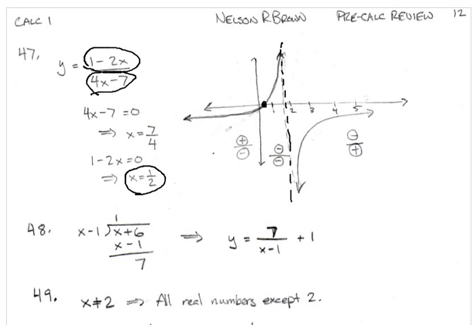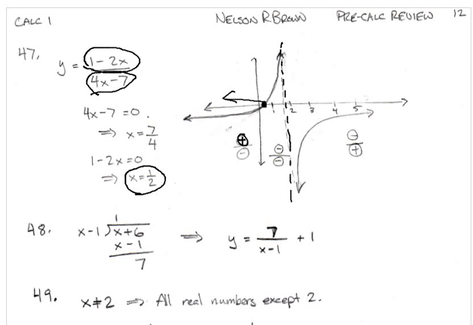So then we can figure out the sign of the function to get a rough estimate of how the function looks. When x is less than 1/2, I have 1 minus 2 times something less than 1/2. 2 times 1/2 is going to be 1, so it is actually always going to be positive for x less than 1/2.